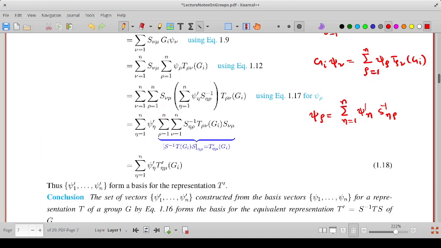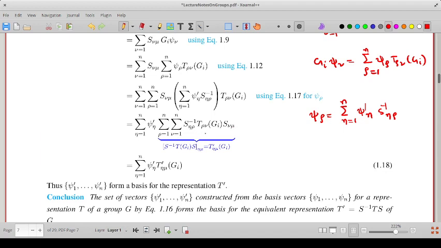So I write the summation over rho and nu here, and then I have this first. So S inverse eta rho, then T rho nu, and then S nu mu. That is okay because these are all numbers, so I can rearrange them in whichever order I want. And the summation is over rho and nu.